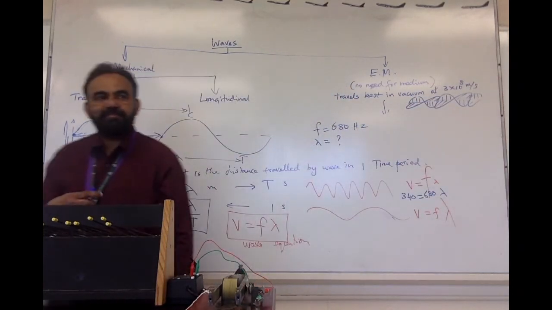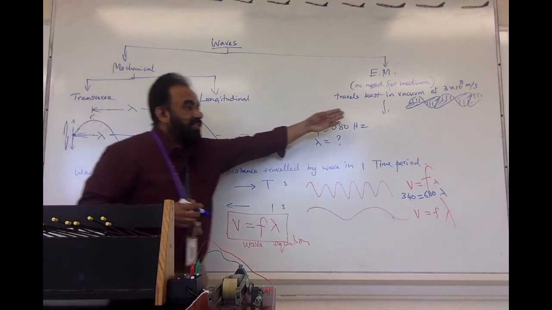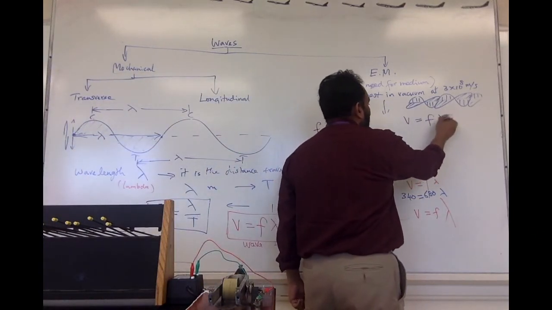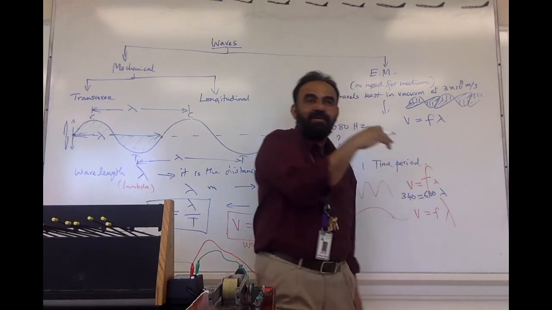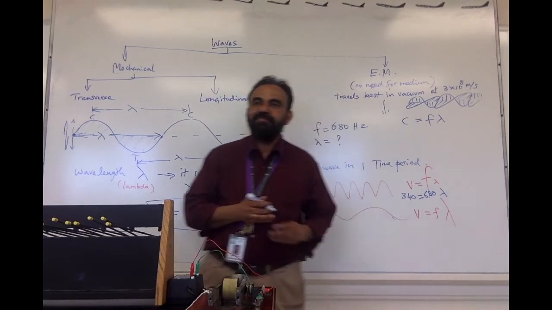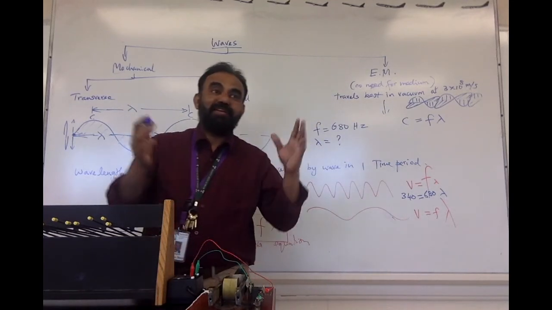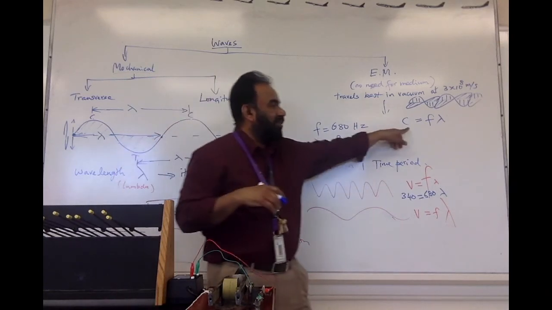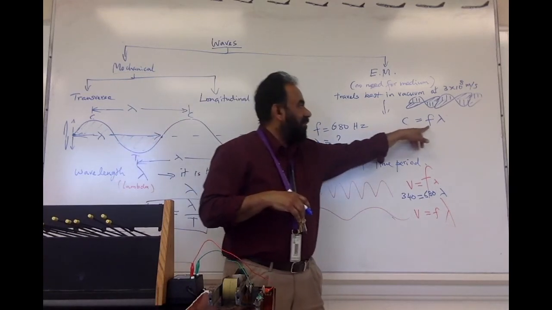Right? And the same applies to light. In light, v equals f lambda applies there, but instead of using v, they use the symbol c, because the speed of light is a constant in vacuum. So this is not going to change, but these two will.